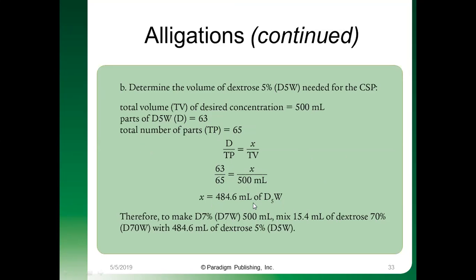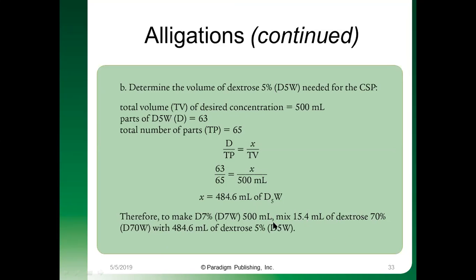Therefore, you need 15.4 mLs of dextrose 70% and 484.6 mLs of dextrose 5% in order to get the percent strength that you require or desire, 7%, and the total volume is 500.